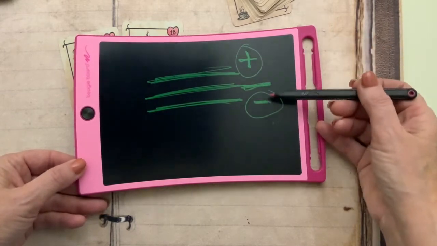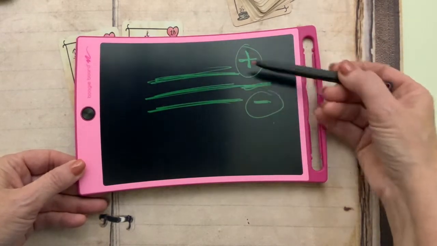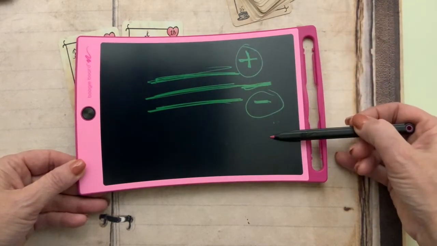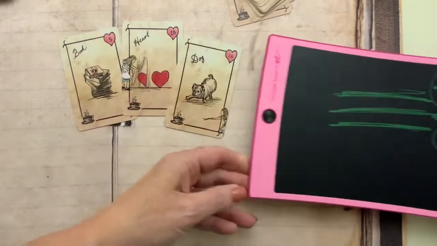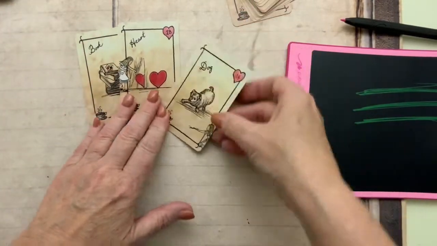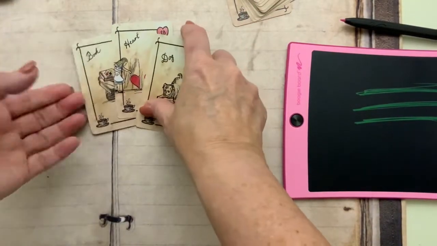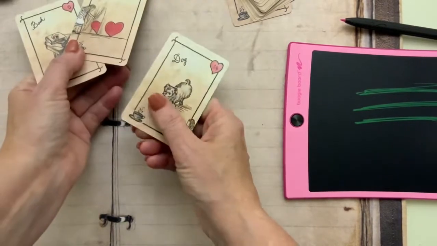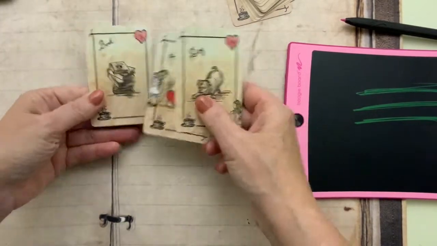You could also have it as, okay, this is about my love life, what are the pros and what are the cons? So you are using a 3-card layout basically, but we're choosing the cards out of the actual deck. That is the subject matter, what is on top, what is below.